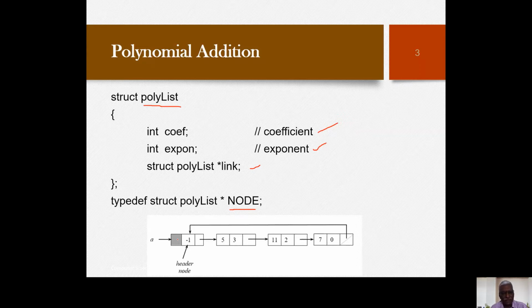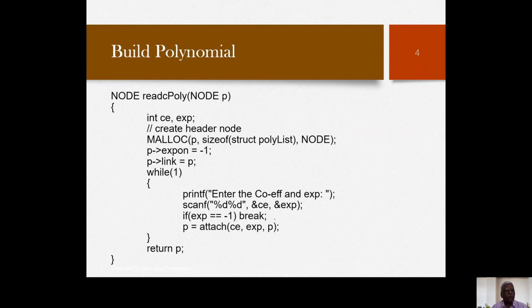The header node should have a totally different kind of data value compared to the other nodes. We are not trying to get the exponent being negative for our normal terms, and hence only the header node will have this. So this is different from the normal data present in the given polynomial.